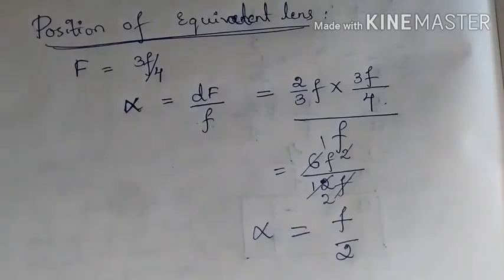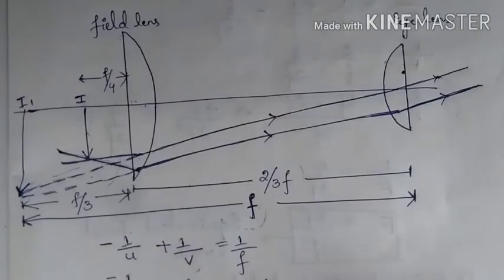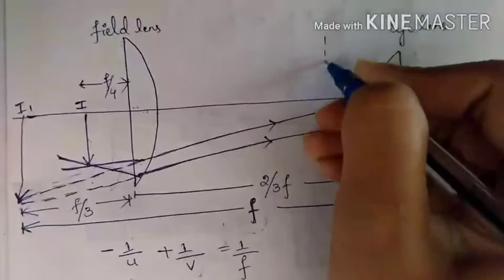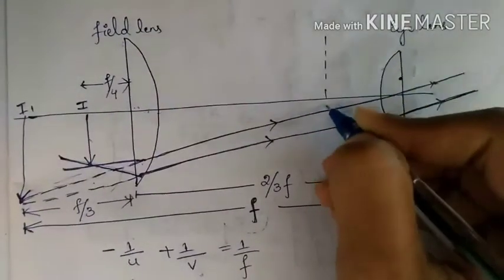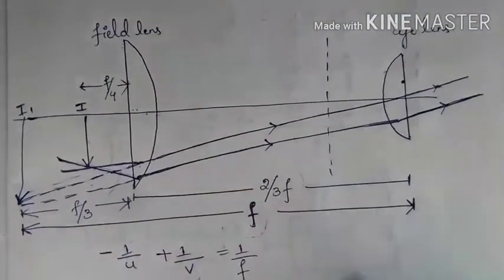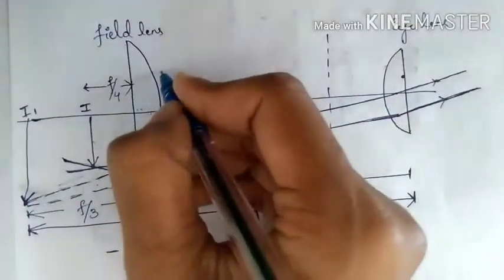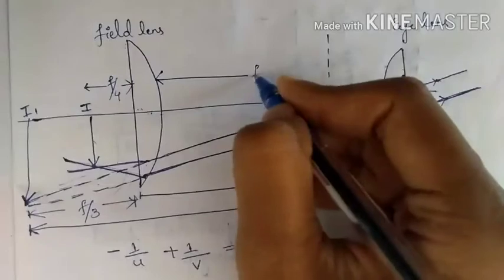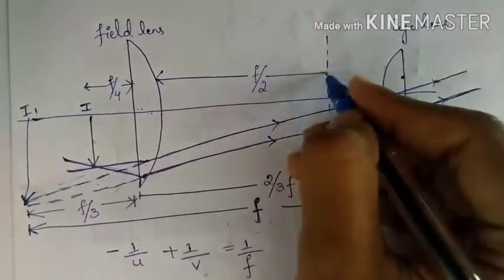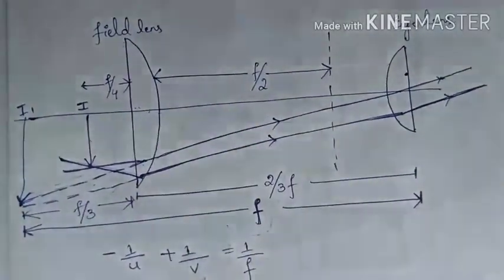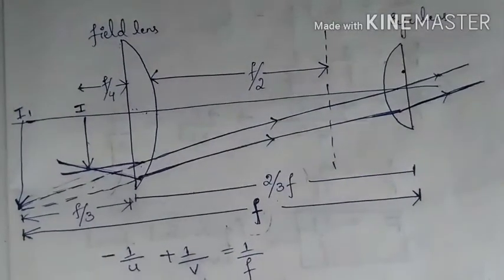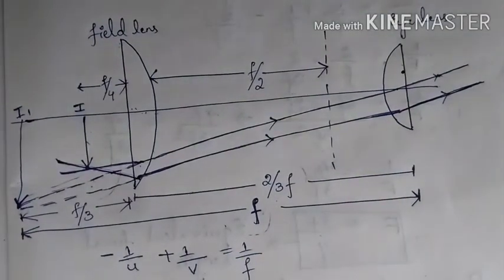So let us draw this in a diagram. So alpha has f by 2 distance. The equivalent lens lies between the field lens and the eye lens, and this distance from here to here we got as f by 2, and this is the position of the equivalent lens.